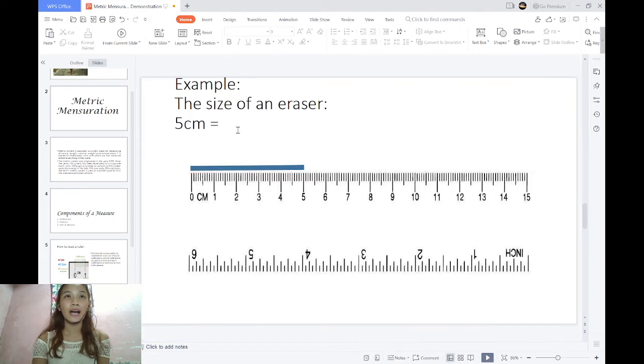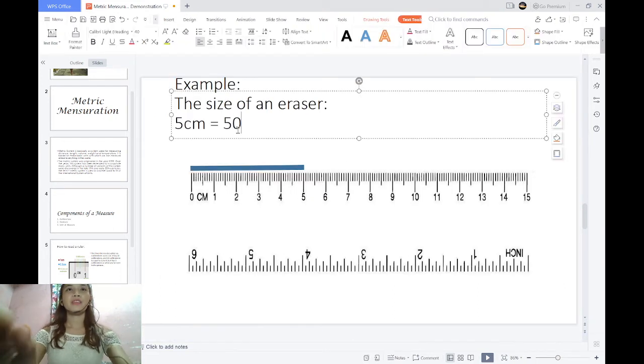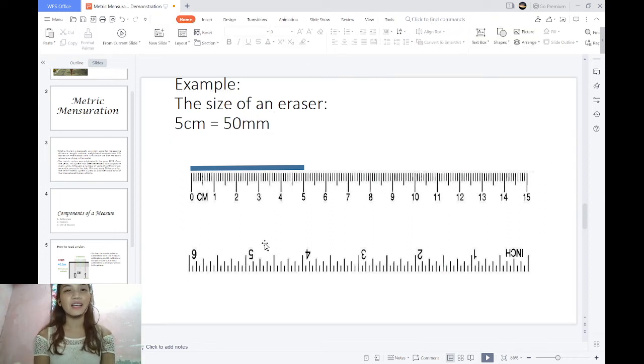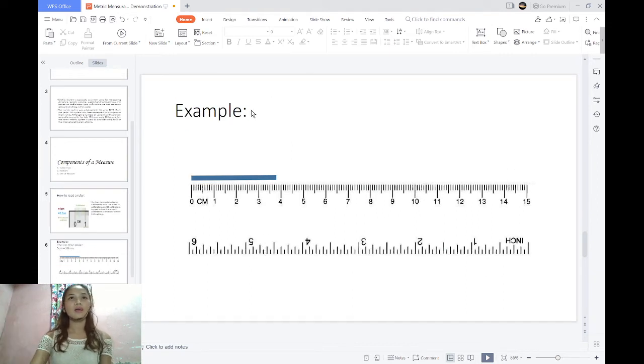So we have 50 millimeters from the size of an eraser. Have you got the correct answer? If not, let's proceed to another example.